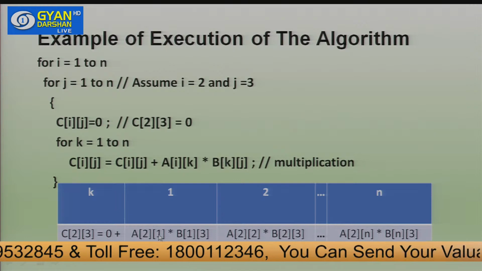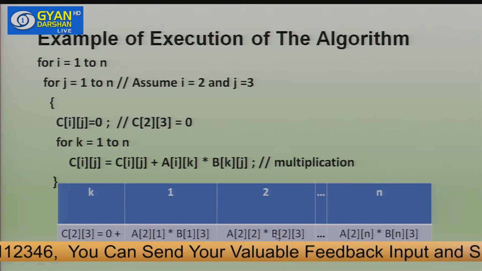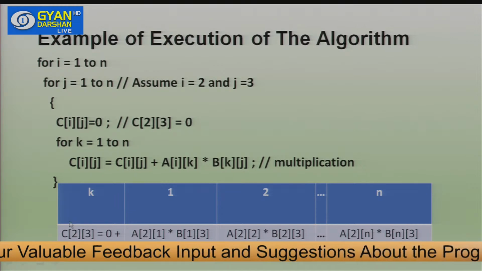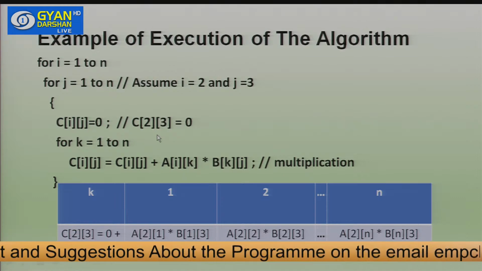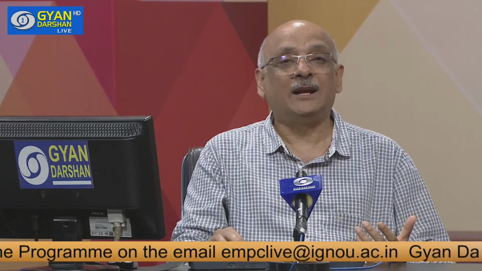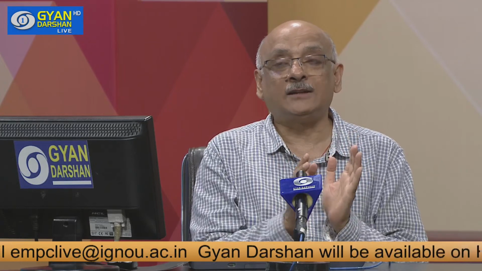That's what we wanted. In the case when k equals 2, it is A22 multiplied by B23. Like that, you will keep on adding these values into C23 and you will get the required result. So this is the way we did the matrix multiplication, and this is the example. It basically proves that our algorithm is correct and there is no issue with it.